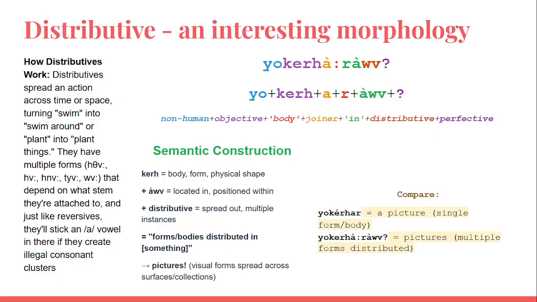So they're using that distributive to go from this is a single form to forms or bodies distributed in something. It's a much deeper shape than I had anticipated the word for picture being, because in English we're just like picture, photograph, photo, image.